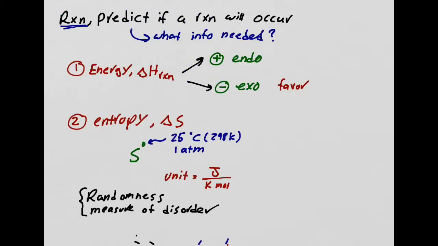Now, when I have delta S, it could also be plus or minus, just like enthalpy. And opposite of enthalpy, if you look over here, for the delta H, we had endothermic, exothermic, and exothermic was favored.